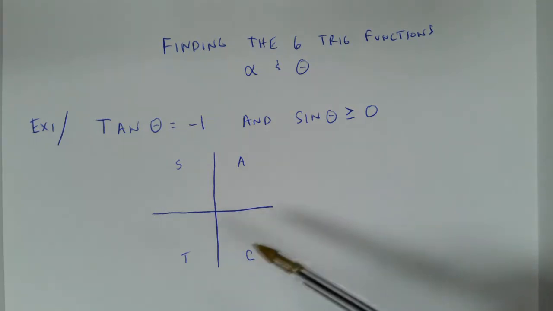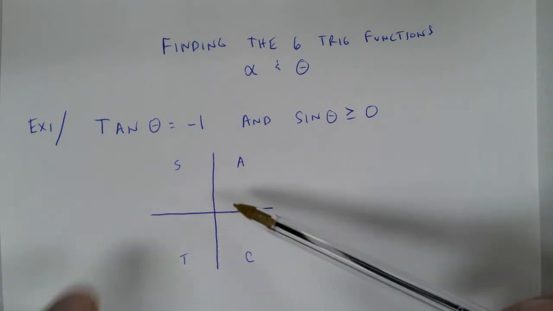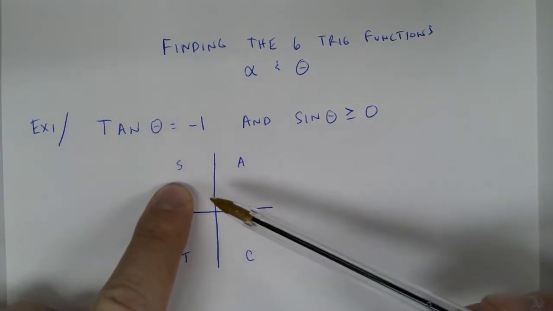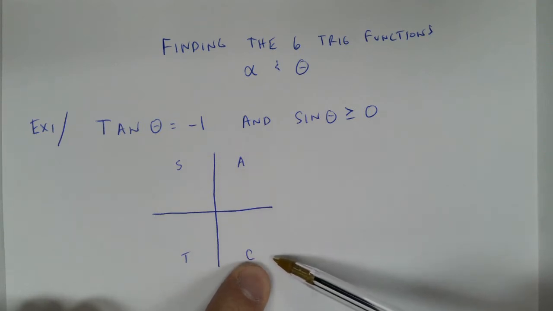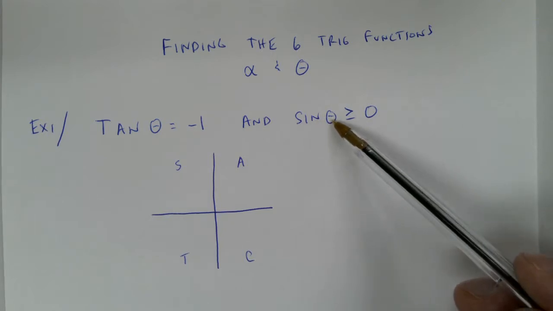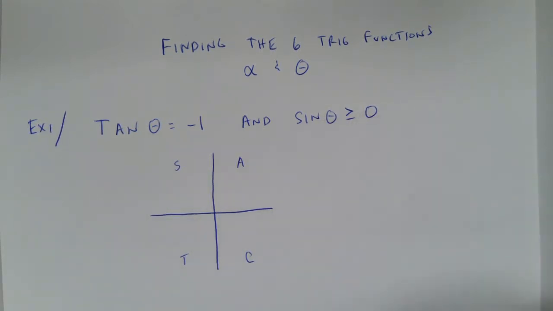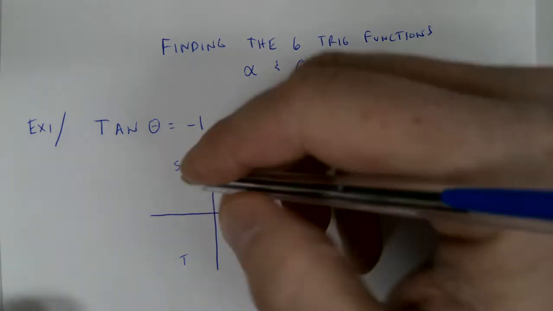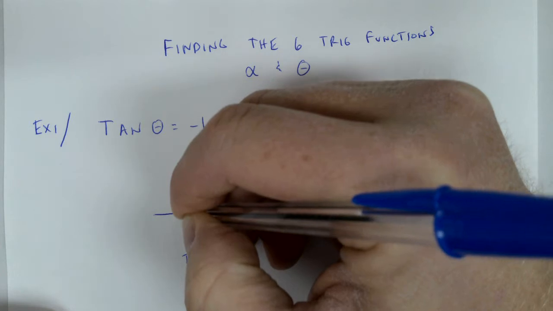Where is tangent going to be negative? Tangent is negative in the second quadrant and in the fourth quadrant. The second part tells us that sine is greater than or equal to 0, so sine has to be positive. That tells us we're going to be in the second quadrant.